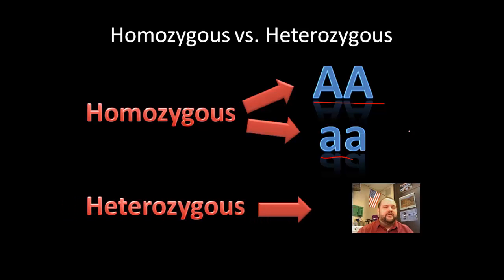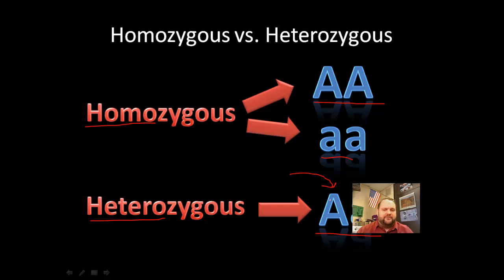Heterozygous is our other term. These prefixes, you'll see that show up a lot in biology. The prefix homo means same, and the prefix hetero means different. Heterozygous then means two different alleles. This would be the only heterozygous case for this gene: one capital and one lowercase. Just note that we always write the capital letters the same.